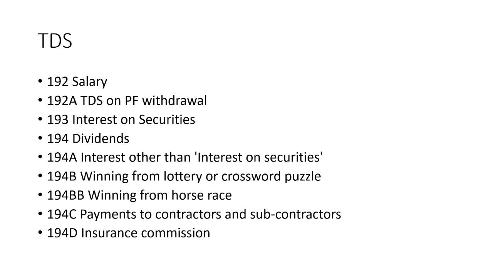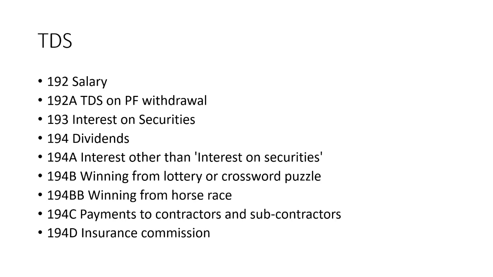Even in case of winnings without TDS, it can be a lottery, it can be any contest, prize winners, whatever it may be, it will be indicated in the 26AS. The taxpayer, irrespective of the income, is required to pay the tax at 30%. It will be deducted. It will show under section 194B.